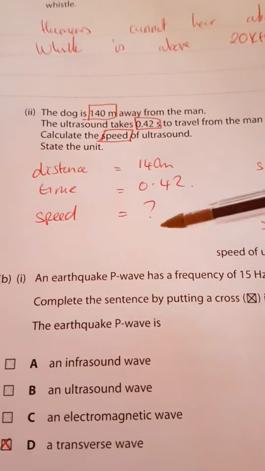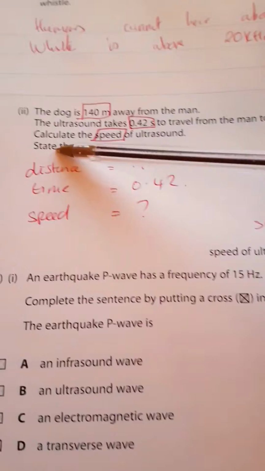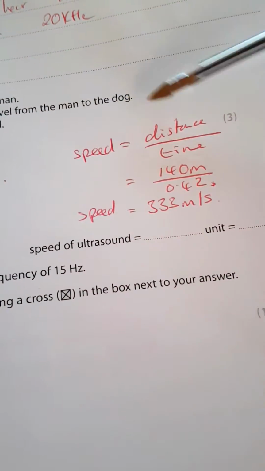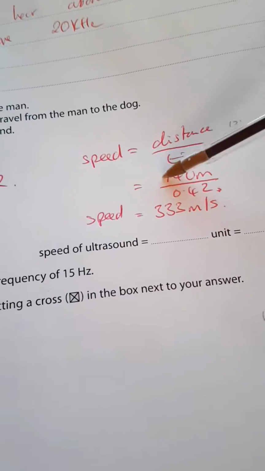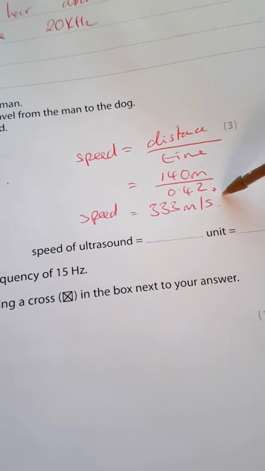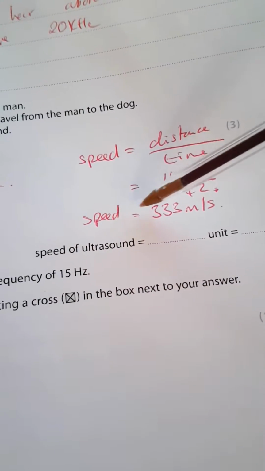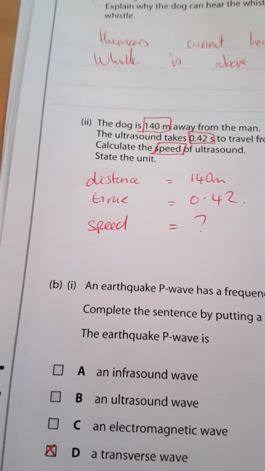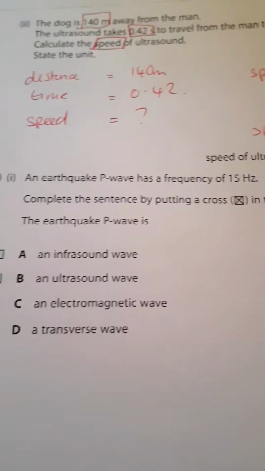So you go to the front of your exam paper and you find an equation that has distance, time, and speed. And that's this equation here, speed equals distance divided by time. So it's 140 meters divided by 0.42 seconds, and that'll give you a speed of 333 meters per second. Notice they're giving you a mark for the units as well here, so that's why it's important that you know the units.